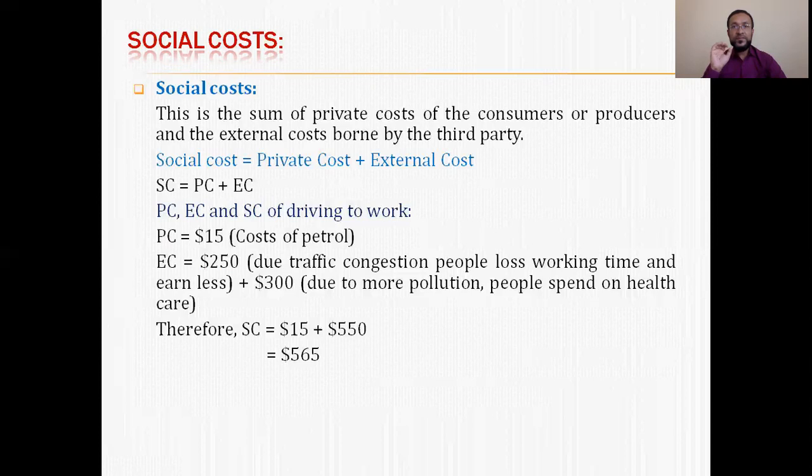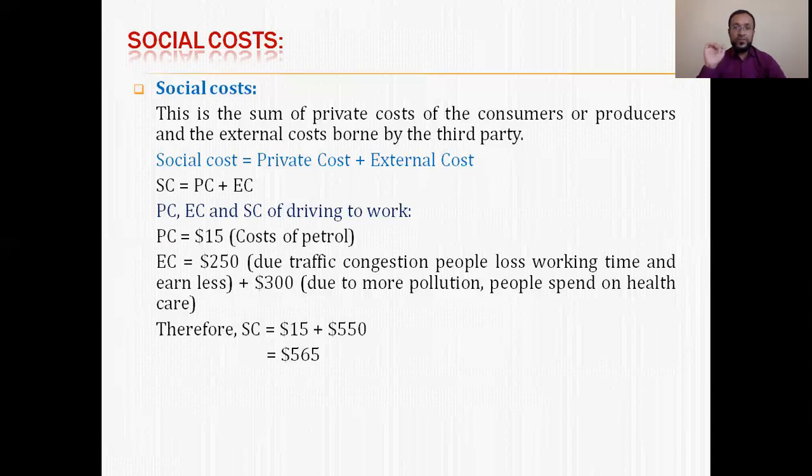And at the same time, due to too much traffic and emission of harmful gases, the government will have to spend $300 for pollution control. So it is the cost of the government. So when people are using their car, they are incurring their cost for purchasing petrol, and the people who are not able to go to their job on time are losing their money, and the government is also spending money for purifying the air.